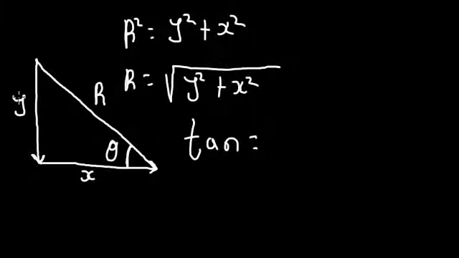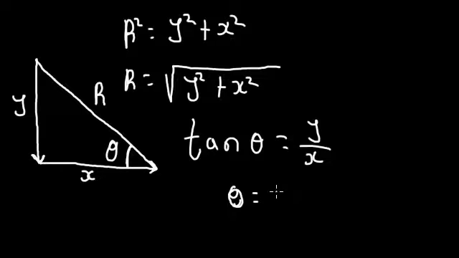Regardless of how the problem comes, the magnitudes of the two vectors will be given. So tan theta equals y over x, and theta equals the tan inverse, or arctan, of y over x. Whatever answer you have for this tells you the direction of the resultant vector.